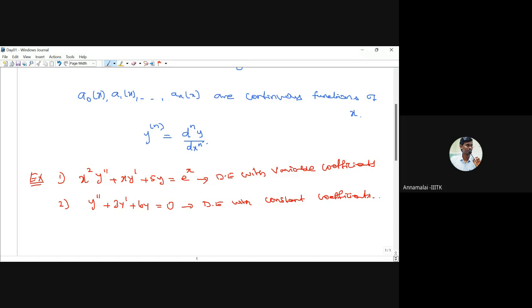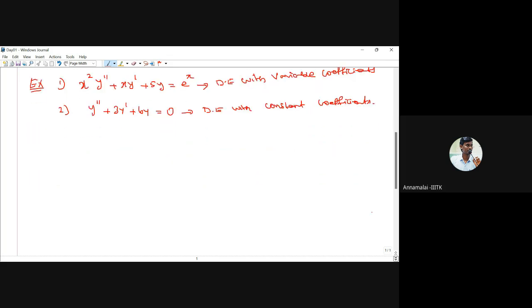In this session, we are going to study only differential equations with constant coefficients. Some particular examples of variable coefficient equations we will discuss. Now, if a differential equation is not linear, we call it a non-linear equation. Anyway, in this section, we are going to discuss only linear differential equations.